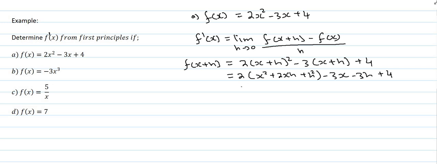So you multiply each term by 2 to simplify. This will be 2 multiplied by x squared is 2x squared. 2 multiplied by 2xh is 4xh. 2 multiplied by h squared is positive 2h squared, minus 3x minus 3h plus 4.